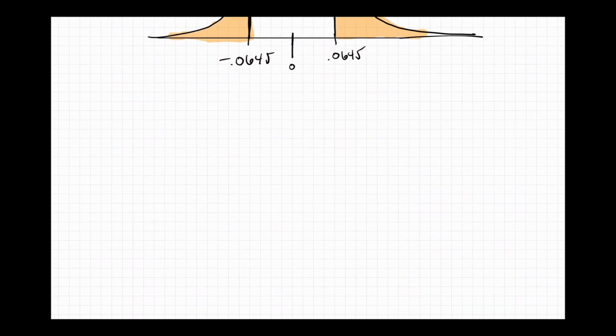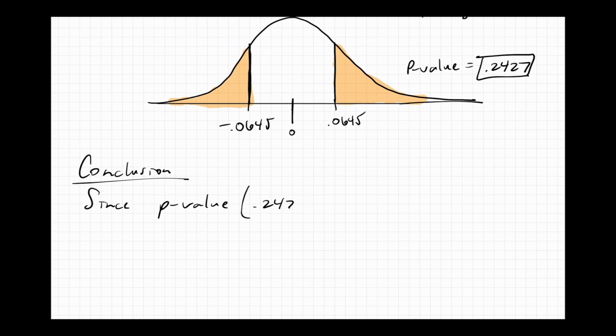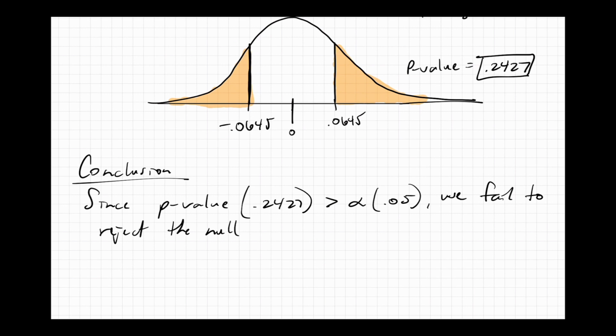Okay. So let's write our conclusion. Same conclusion, same sentence frame as you guys did on your test from last week that you got back today. Okay. So since p-value, which was 0.2427, is greater than alpha 0.05, we fail to reject the null hypothesis.